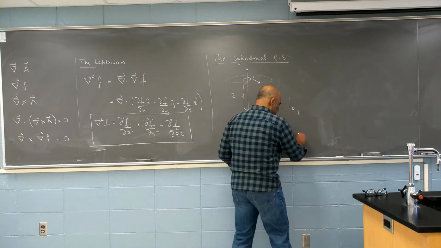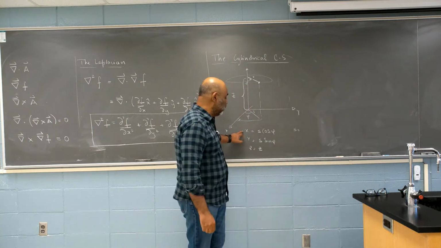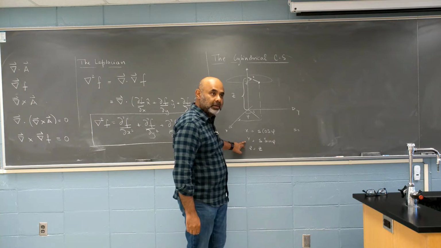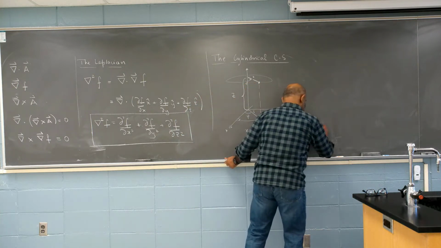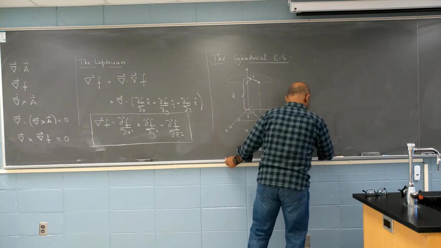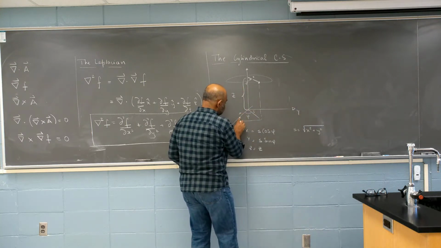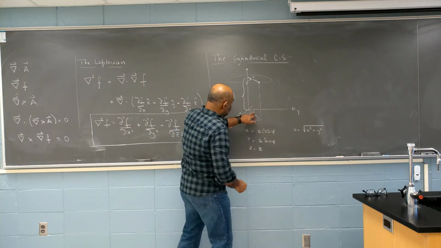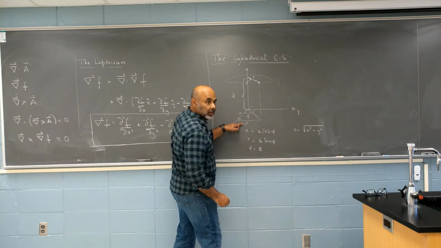Well, can we? In particular, s is nothing but square root of x squared plus y squared. It's the polar distance. Why is that? This is my x, this is 90 degrees, and this is y. So s squared is x squared plus y squared. Yeah?